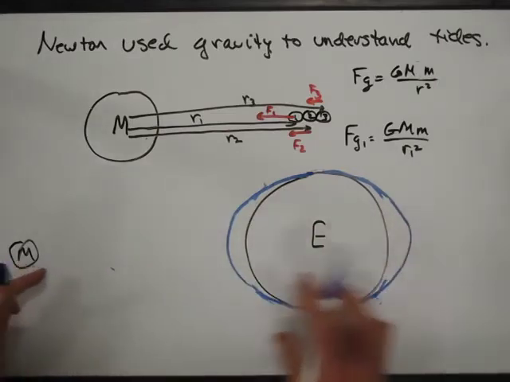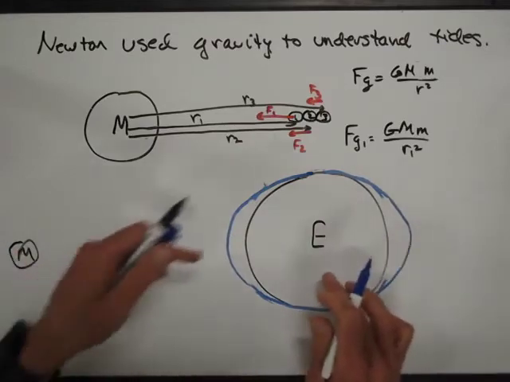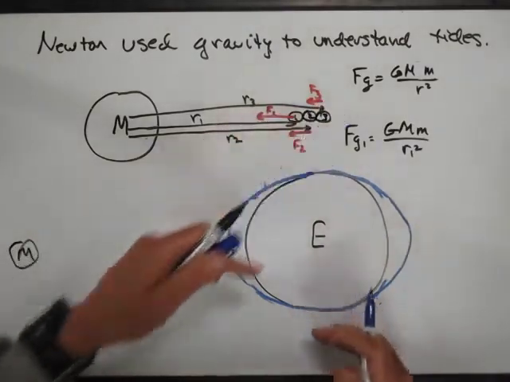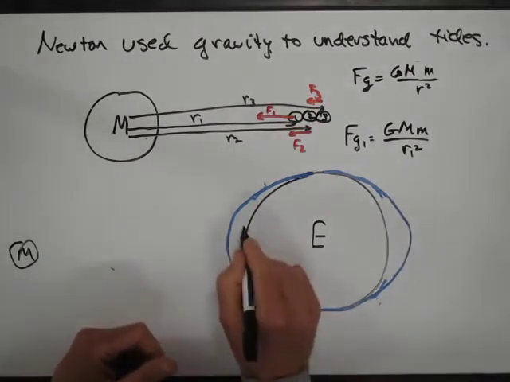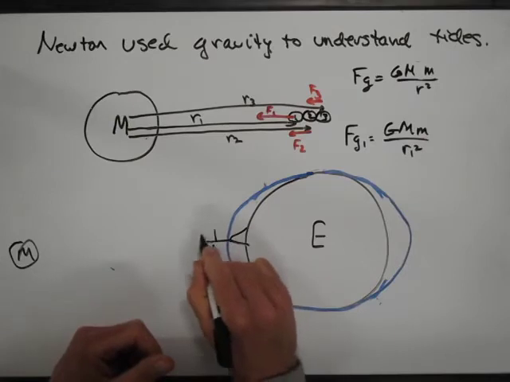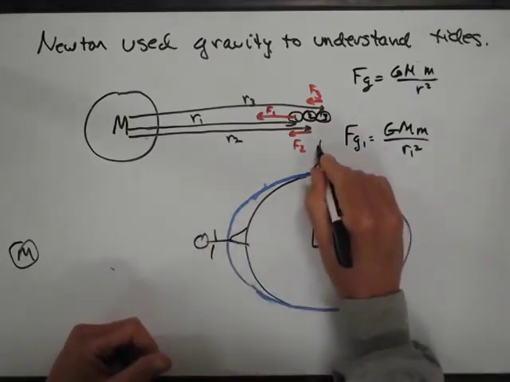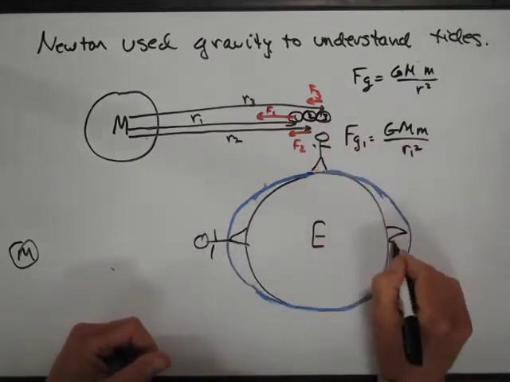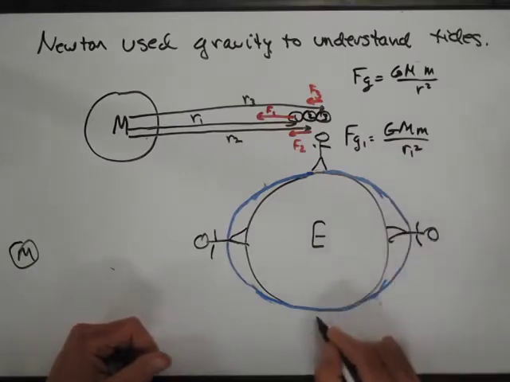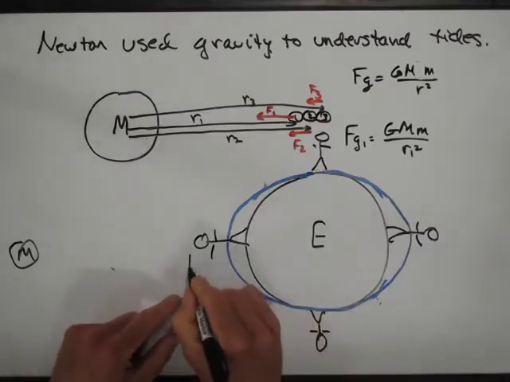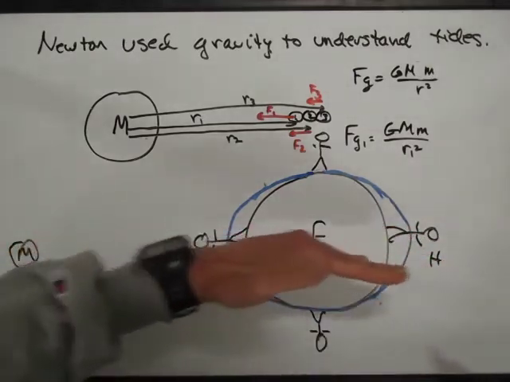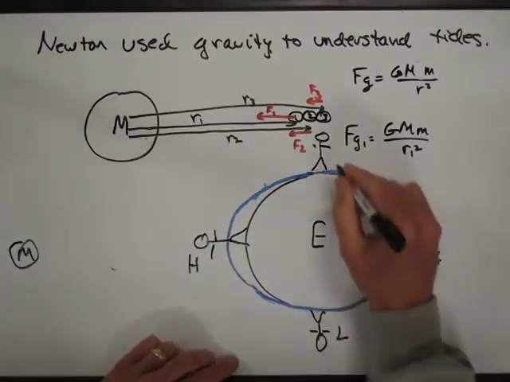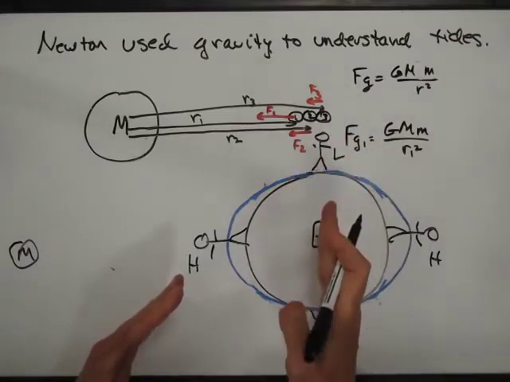It's bulged along the direction of the moon, and it's flattened in the areas perpendicular. And so if this is me standing in each of these places, I have high tides here and here, that is to say along the line connecting the Earth and the Moon, and I have low tides here and here perpendicular to that line.